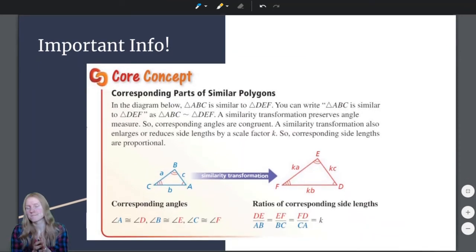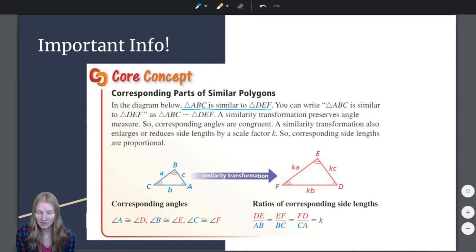So now, important information. Corresponding parts of similar polygons. So this kind of combines the 2 vocab words that we just talked about, corresponding parts of similar polygons. So, the important thing to take away from here, well, there are many things, but in the diagram below, triangle ABC is similar to triangle DEF.